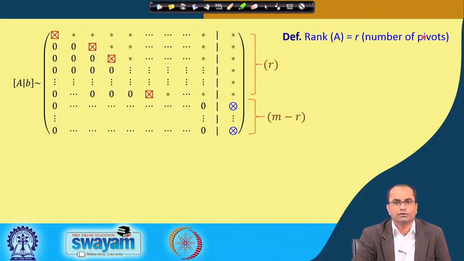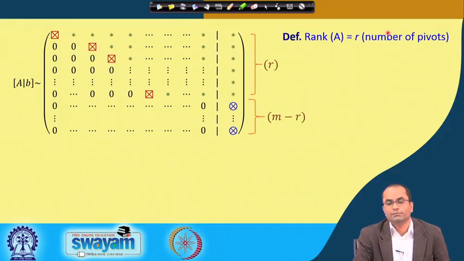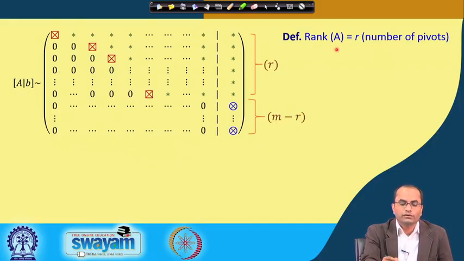Later on we will observe an alternate definition that again leads to this, that rank A is equal to precisely this number of pivots, and that is the reason the number of pivots, or the identification of these pivot elements, is very important. So, the rank of the matrix, another very important concept, is defined as this number r, which is the number of the pivots.